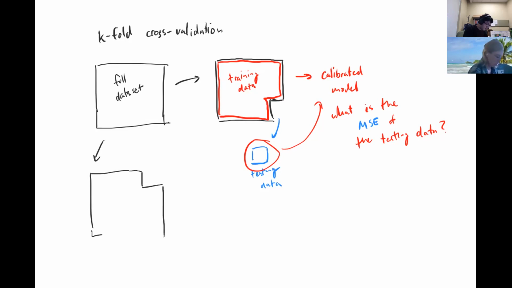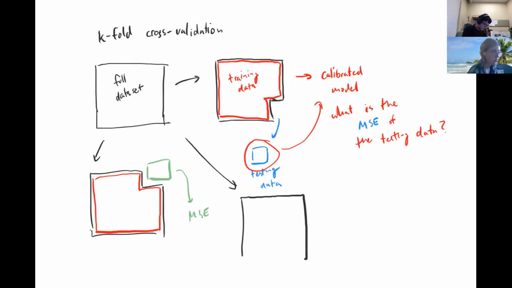So I might cut out a different portion here, and you can calibrate the model with a different data set, right? And then calculate the MSE here. And you can repeat this many times, cutting out essentially different portions of the data. So let's do that.